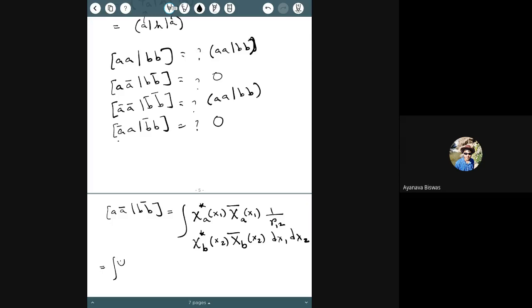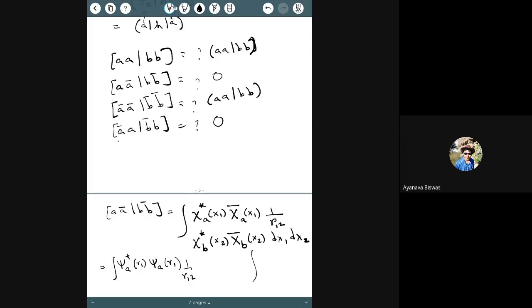I get all the spatial parts. So psi A star r1, psi A r1, 1 by r12. I will keep writing the spin also.